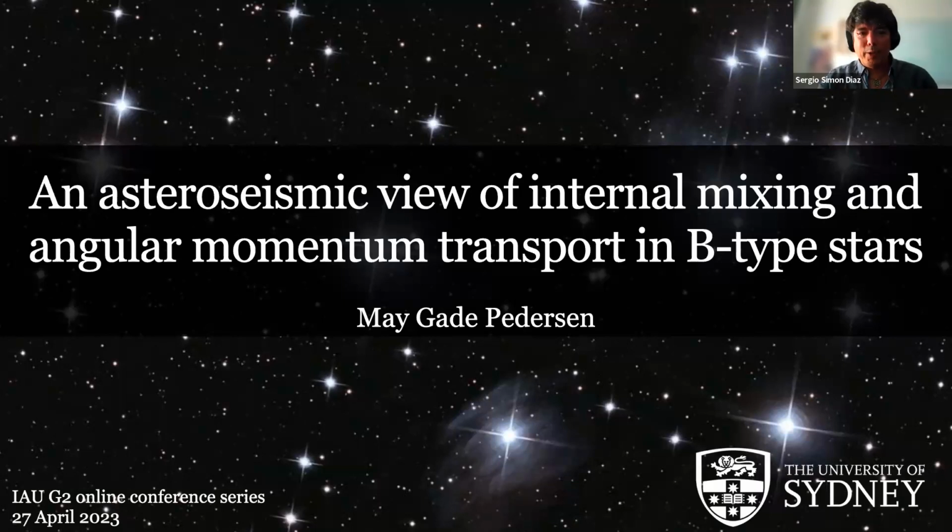If not, I have a lot of questions, but I will ask only one. It's just curiosity. If I understood correctly, when you have pole-on stars, the amplitude of the pulsations is going to go down.